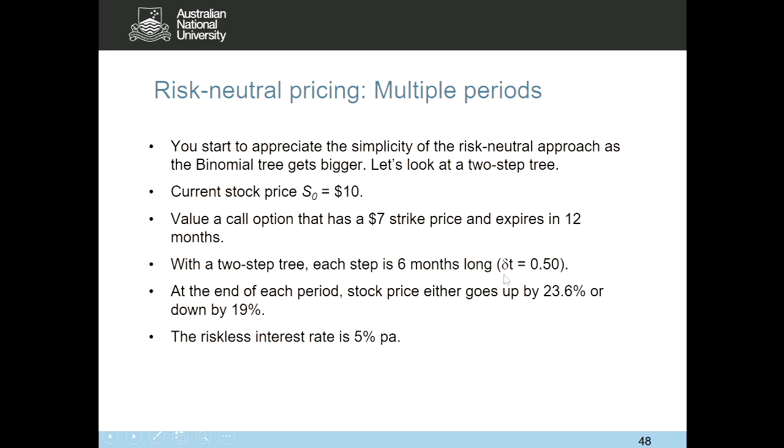So this time, delta t is 0.5, expressed as a fraction of a year. At the end of each period, the share price would either go up by 23.6% or go down by 19%. So this is the proportional increase and that is the proportional decrease. And we were told the risk-free rate is 5%, continuously compounded.